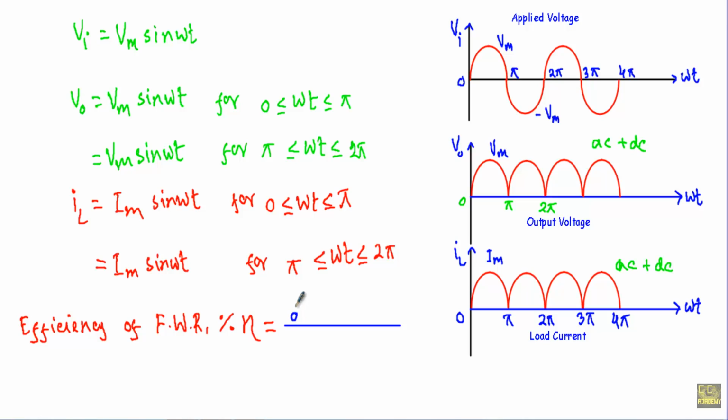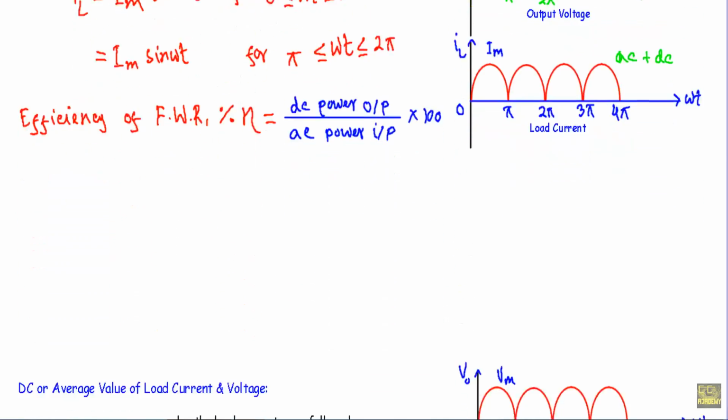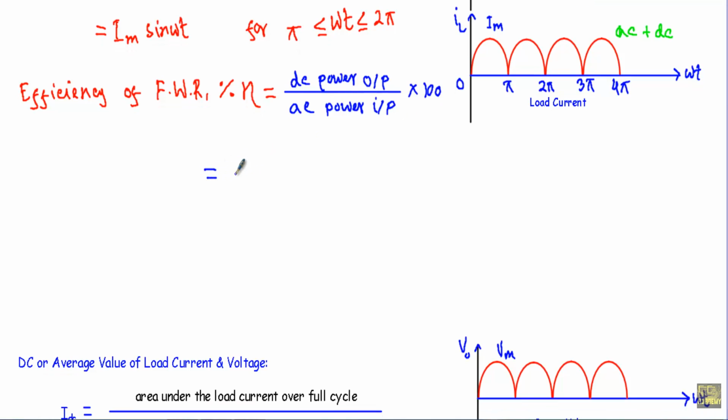So here we will get DC power output, and we will apply AC power input, and we will multiply this with 100%. In the equational form, I can write it like this: DC power is output DC power, so PODC, and input power will be PIAC. We will multiply that with 100. This is how we calculate the efficiency of a full wave rectifier.